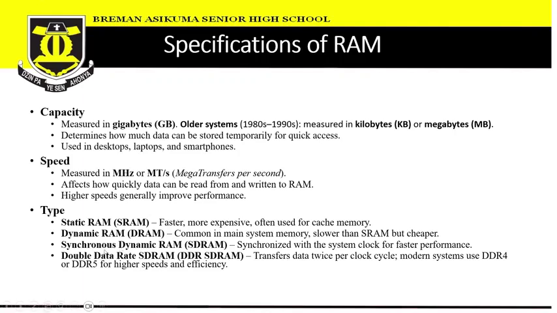We also have the synchronous dynamic RAM, which is the SDRAM, which is synchronized with the system clock for faster performance. And the last one is the double data rate SDRAM, or DDR SDRAM, which transfers data twice per clock cycle.